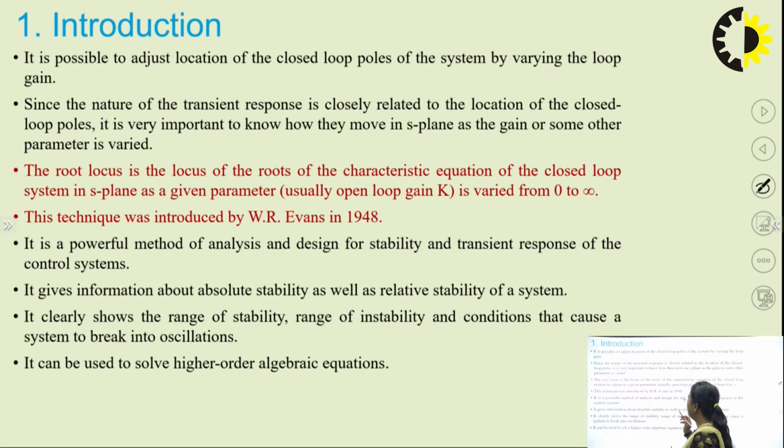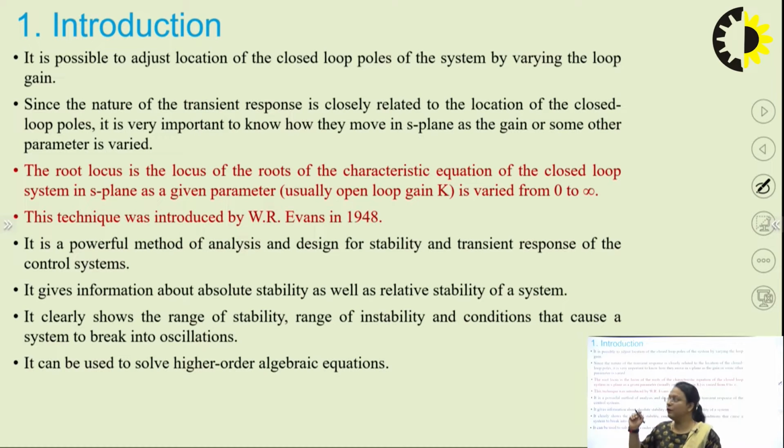So starting with the introduction, as we all know, the stability of any closed loop system can be determined from the location of poles of the characteristic equation. That means the roots of the characteristic equation, that is the location of poles, will determine the stability of any closed loop system.